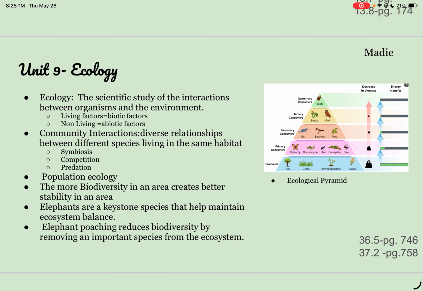In Unit 9, we learned about ecology. Ecology is the scientific study of interactions between organisms and the environment. Elephants play a very important role in their ecosystem and are considered keystone species.